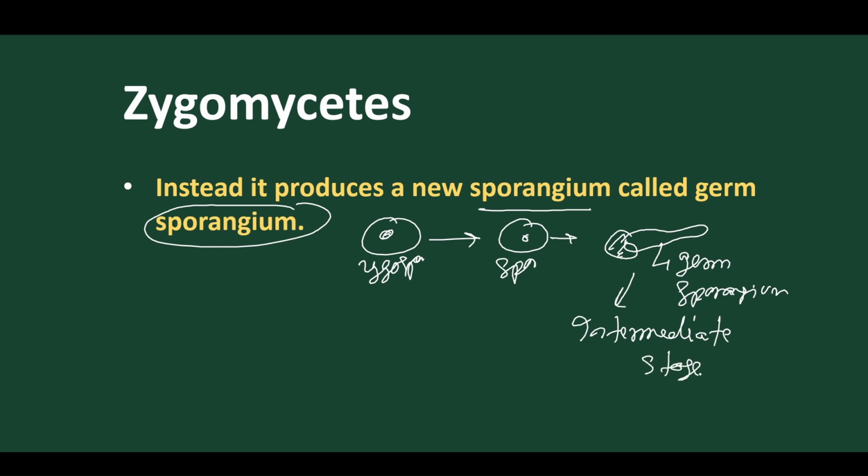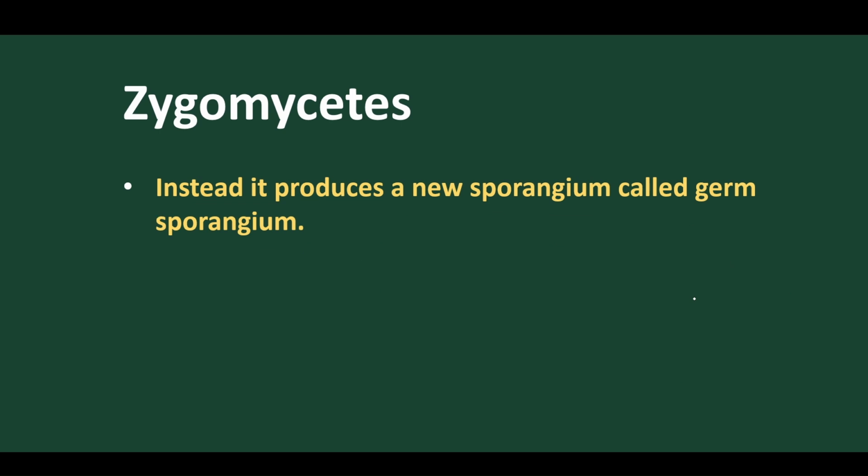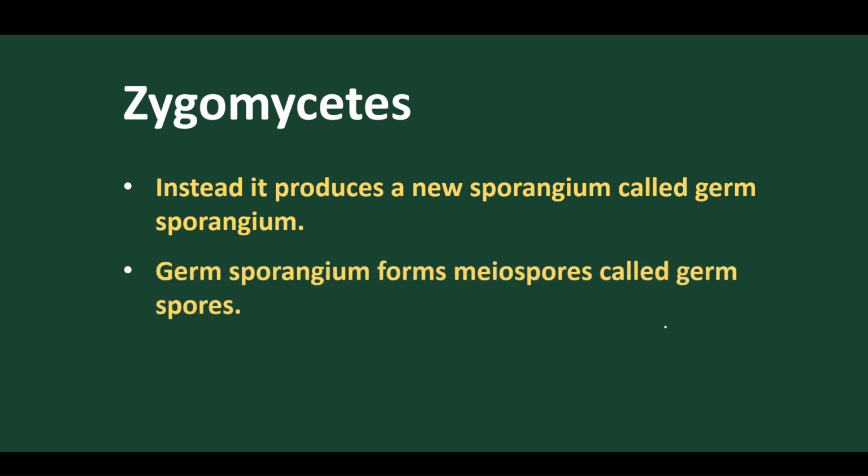So germ sporangium is regarded as the intermediate stage, because we find this 2n zygospore undergoes meiosis to produce n, and they never directly give rise to new mycelium. They give rise to an intermediate stage that is called the germ sporangium. So this is the germ sporangium so produced. So it is the basic condition of Zygomycetes.